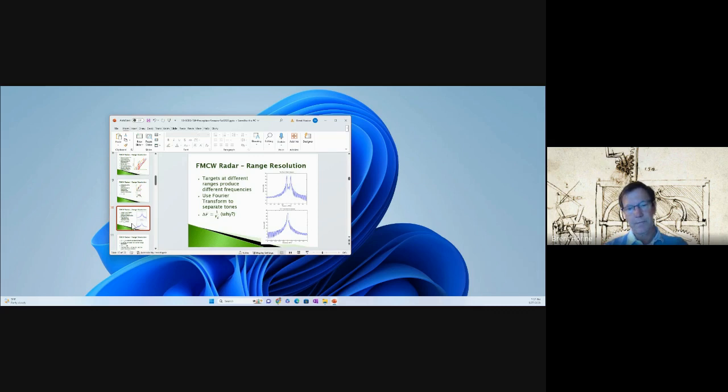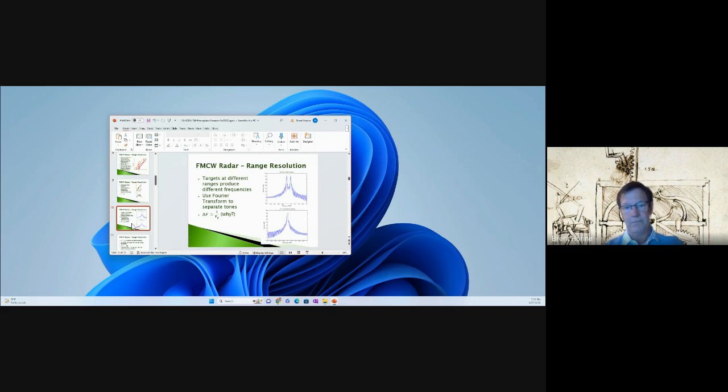Depending upon our sampling frequency, that shows how high a frequency we can resolve without aliasing, right? So that's an important factor. But the length of the signal that we look at determines our frequency resolution, right?